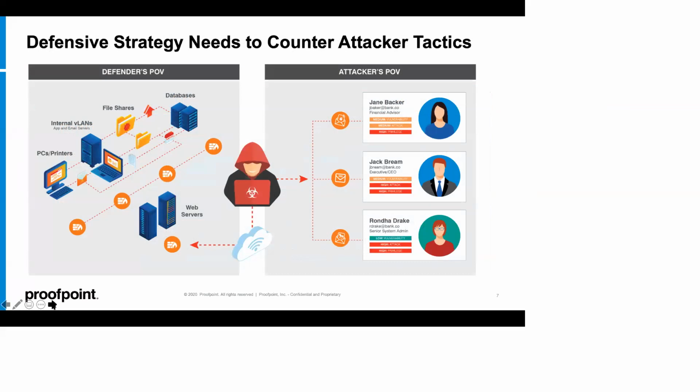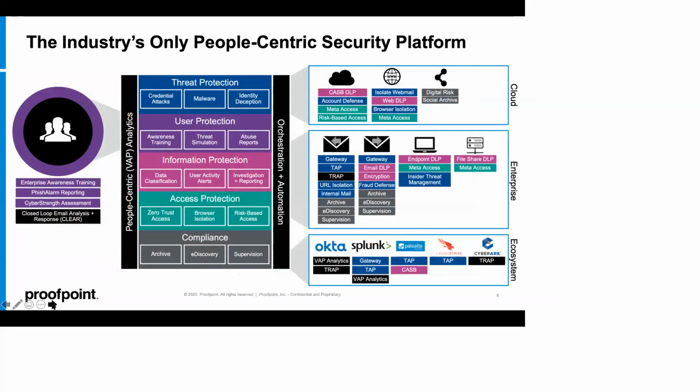And looking to the future, we think there needs to be a fundamental shift in how we approach cybersecurity strategy, moving from a network-centric point of view, you see here on the left, right? And the fact that attackers do not view the world in terms of a network diagram, towards the right, and understanding organizational risk by identifying who are the people at risk and how they represent risk to your organization.